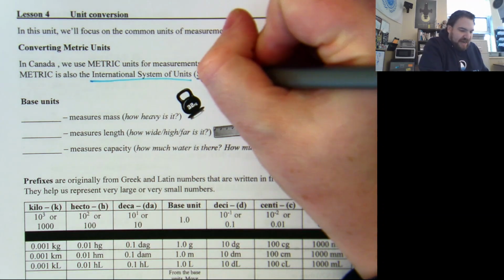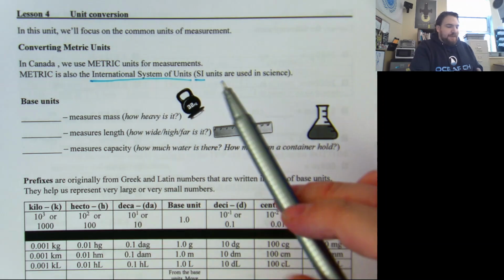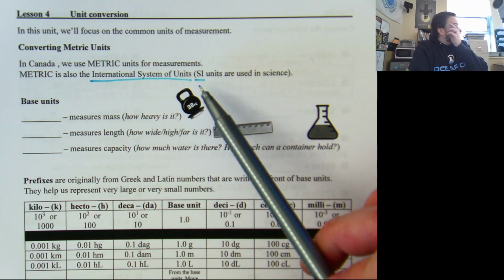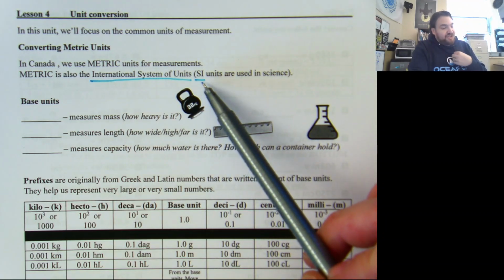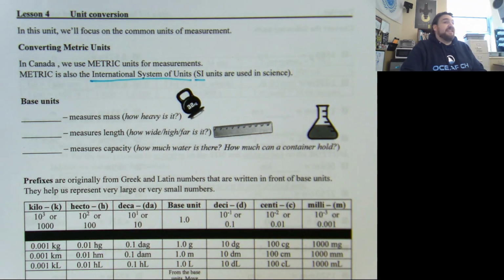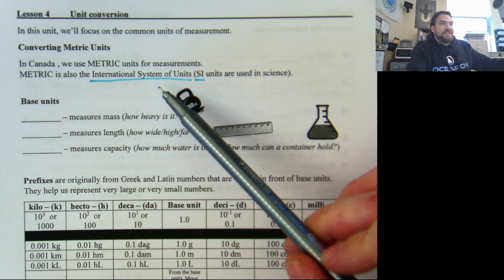We call them the SI units, which I know is backwards. It's the International System, so SI is backwards. But this abbreviation comes from the French, the Système International, and it is all based on the metric system.